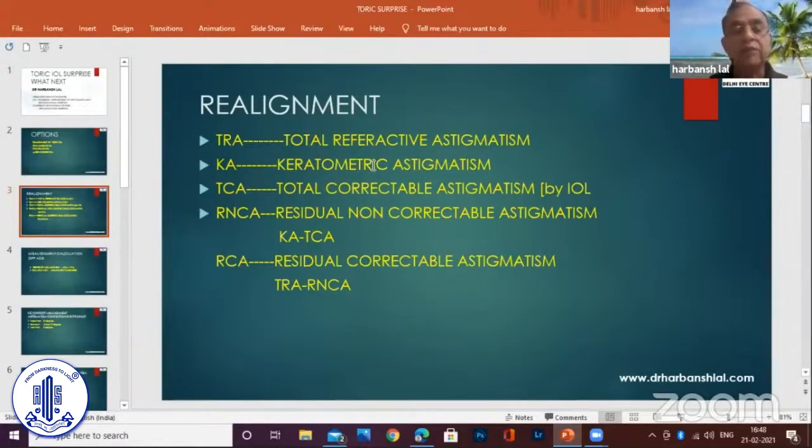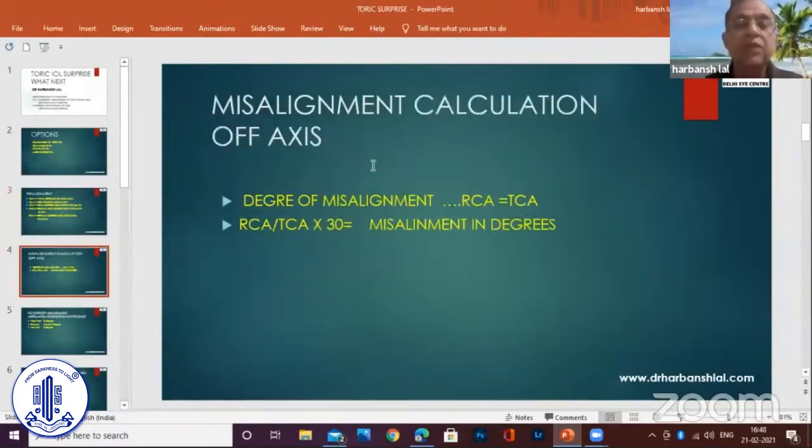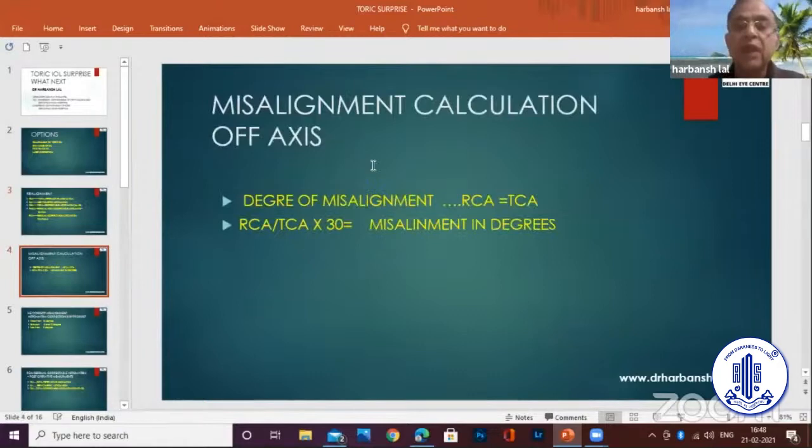And at the same time, we would like to know what is the residual correctable astigmatism. That means if the IOL was in ideal position, how much it would correct and how much it is correcting. So we need to analyze these data before we can plan for realignment. And we always align the axis, misalignment, and the correction is the byproduct of that.